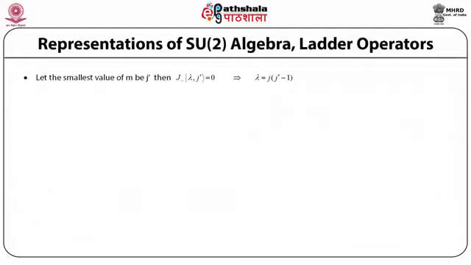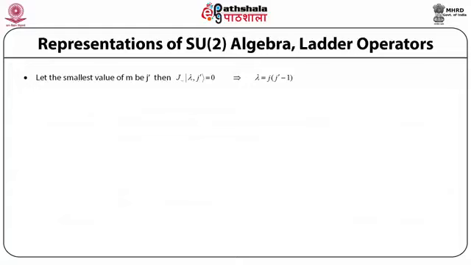Likewise, let us assume that the smallest value of m is j prime, which means that the operator J minus acting on this state with the smallest value of m, which we have designated by j prime, that is J minus acting on lambda j prime, is equal to 0, because it is already operating on the eigenstate with the lowest value j prime.